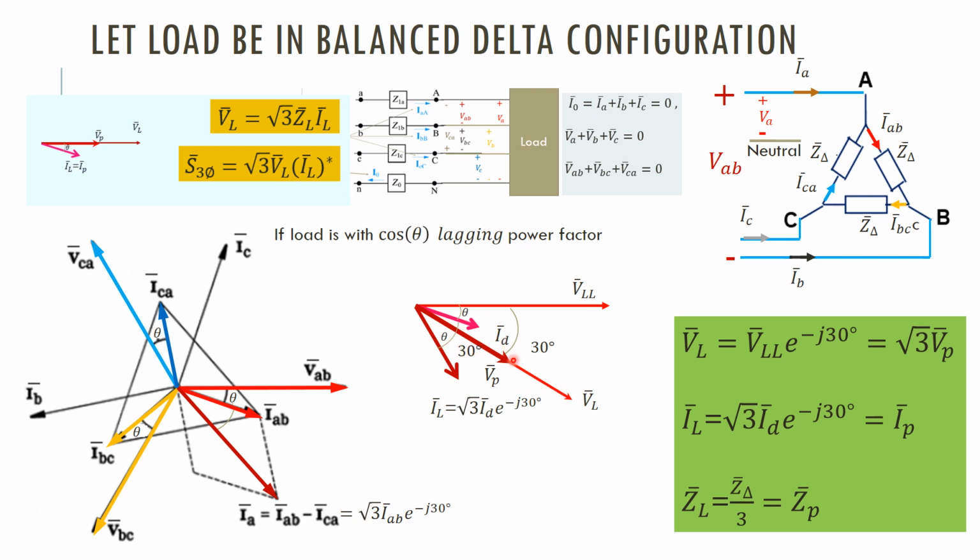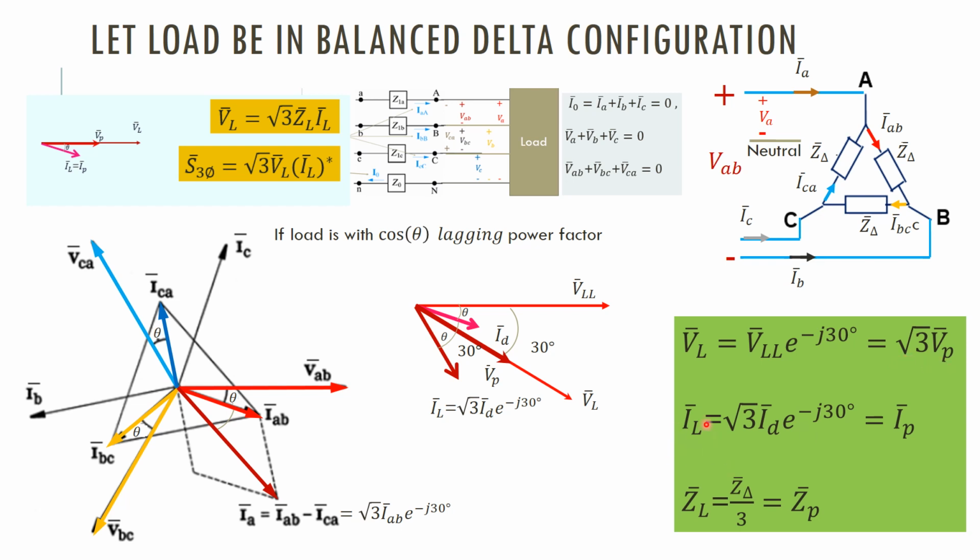So you have to consider it in line with the phase angle, in line with the phase voltage, right? If you take this one, you can apply this equation. So you know that VL is equal to VLL into e to the power minus j30. Then that is equal to root 3 into VP.